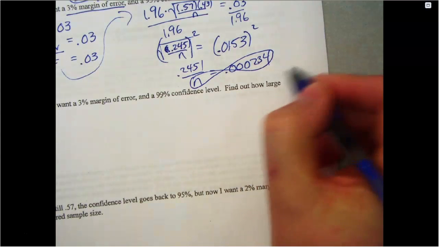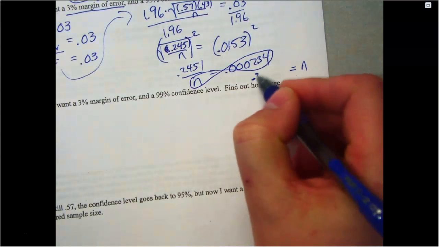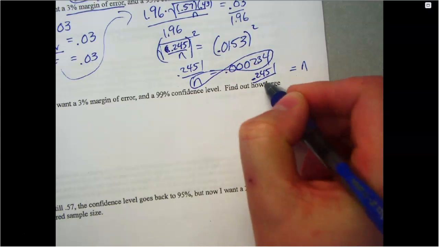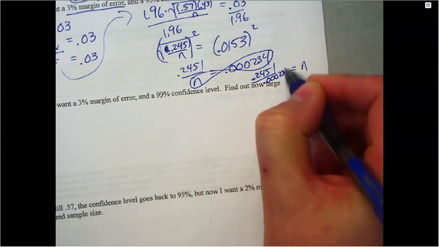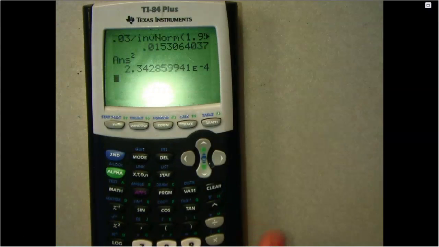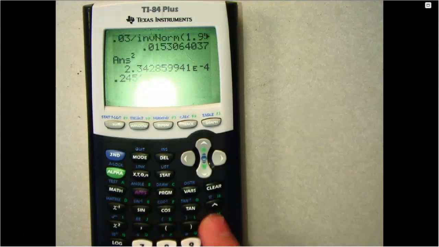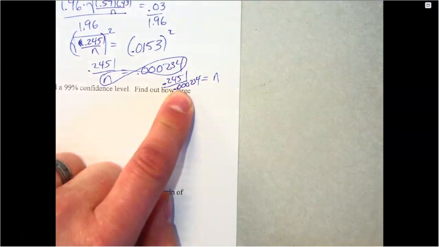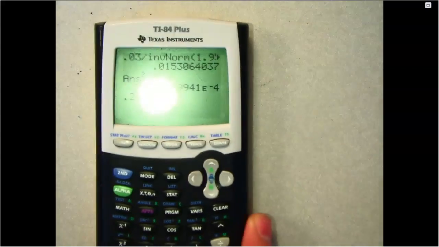So I'm going to exchange these two. Then N is going to equal 0.2451 divided by that really small decimal. Again, I'm writing it just so I know what's there, but I really want to do the whole thing in my calculator. So we had this 0.2451 and we want to divide it by that really small number.